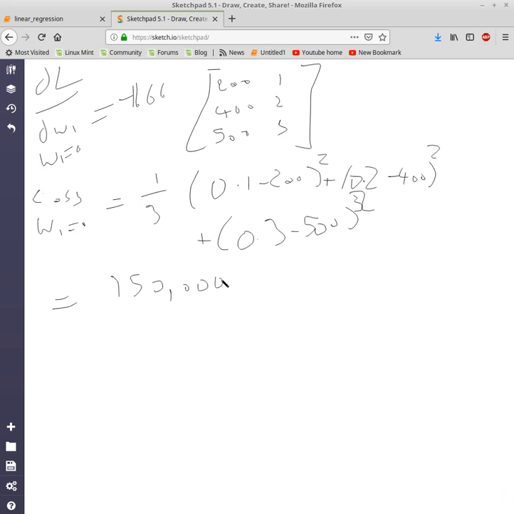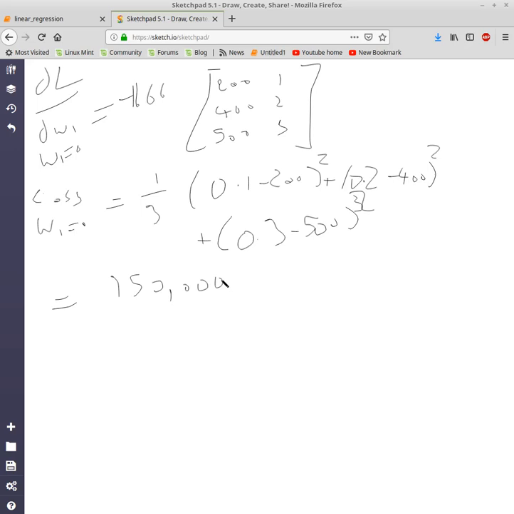I could be off by a factor of 2 or so. You can check the math and see if this is correct, but we'll just say it's 150,000 instead of pulling up a calculator and doing this right now.